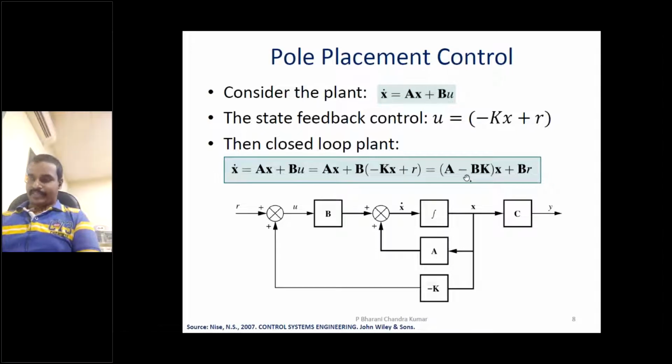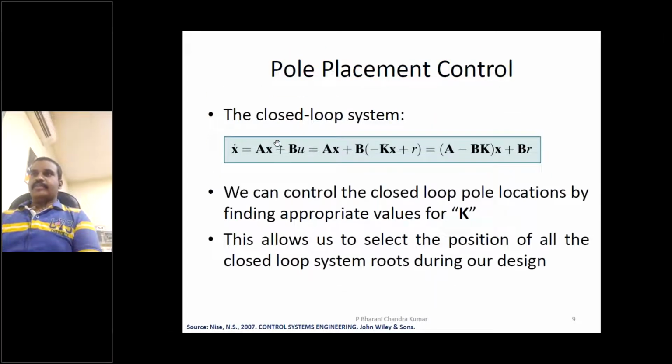So we can control the closed loop pole location by finding appropriate values of k. This allows us to select the position of all the closed loop system roots during our design. So this will ensure that my closed loop poles are at the desired location.